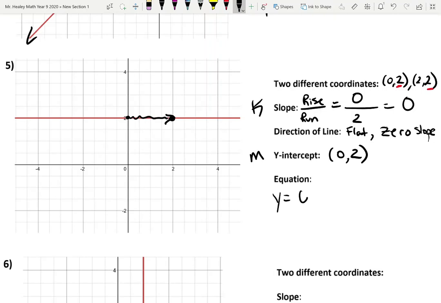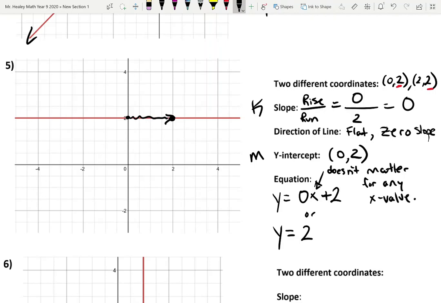Our equation is y equals 0x plus 2. You can write it as y equals 2, since anything we substitute in for x, we multiply it by 0. It doesn't matter for any value.